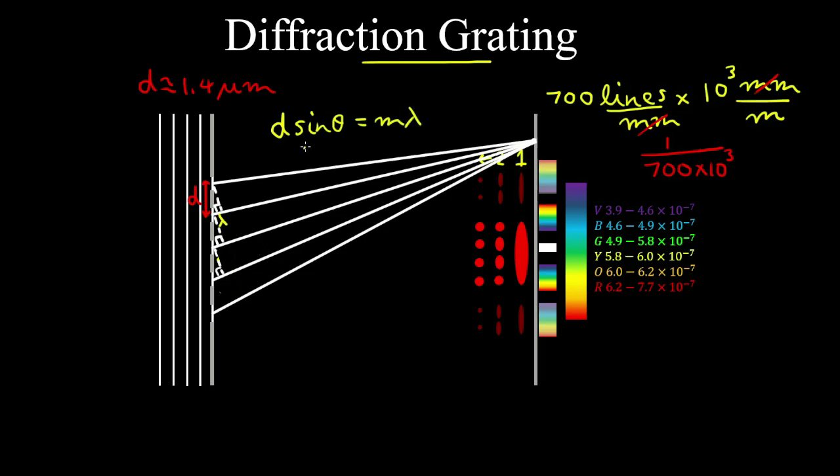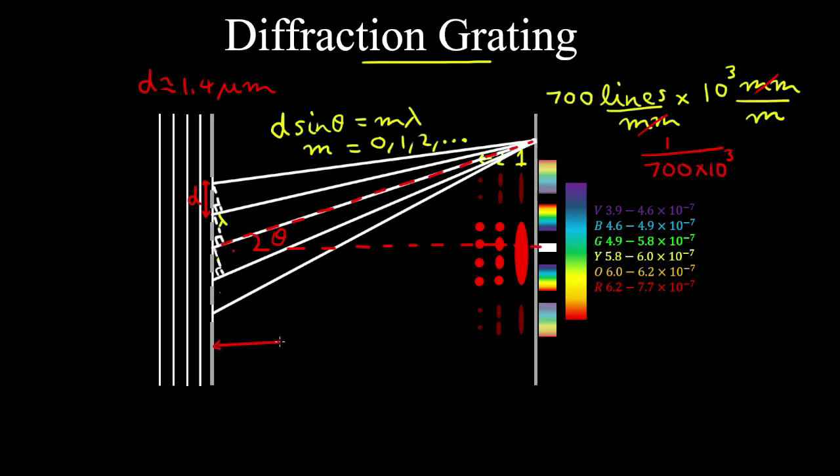For the bright bands, m is a positive integer, starting from 0. So this is the same formula we had for the double slit experiment. And again we measure the angle theta from the middle of the openings. Theta is the angle between this horizontal line and this line over here to the mth order bright spot on the screen.